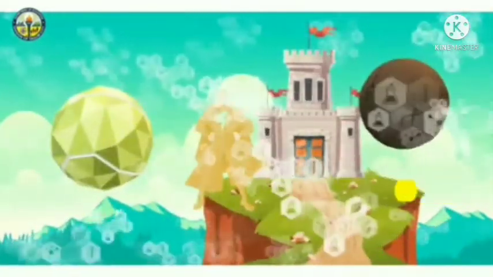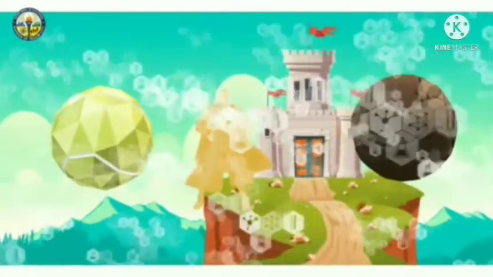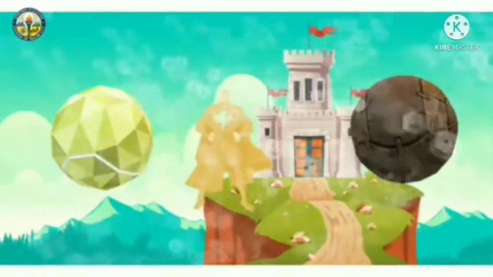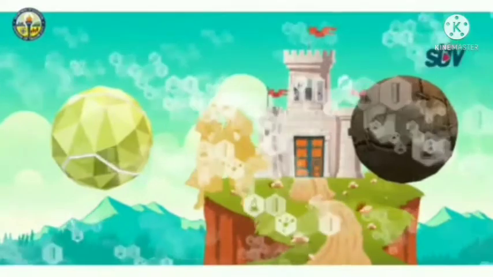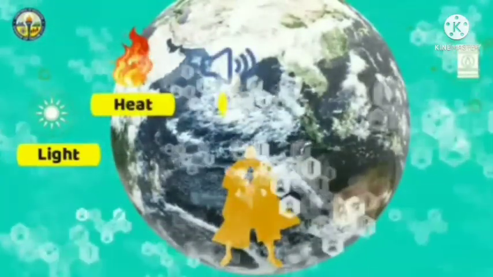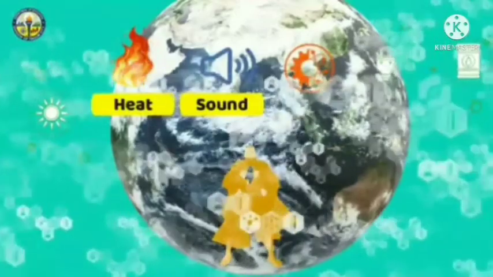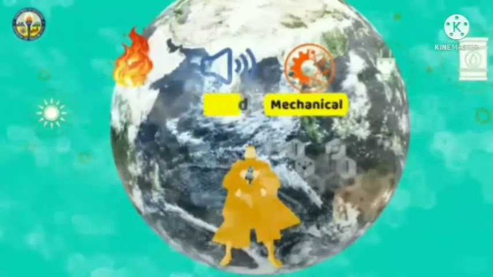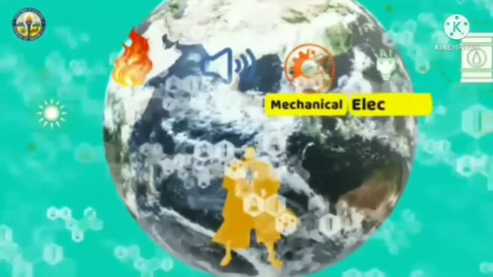Potential is energy in stored form and ready for action, while kinetic is energy in moving form. As Mr. Energy has extensive powers, he takes on many forms, such as light, heat, sound, mechanical, electrical, and even chemical energy.